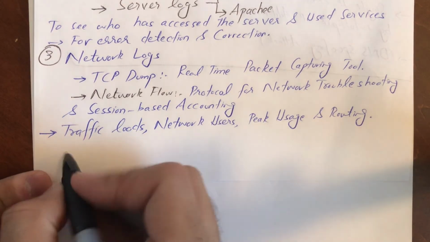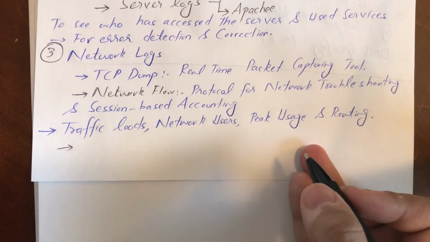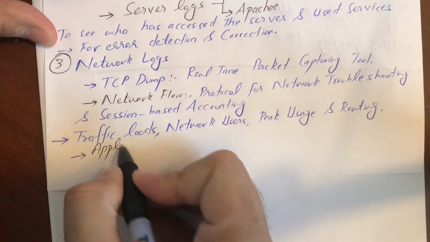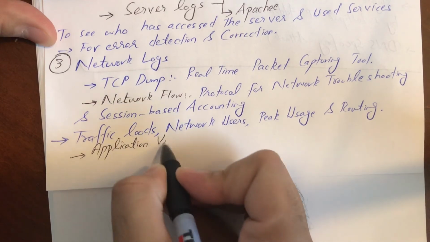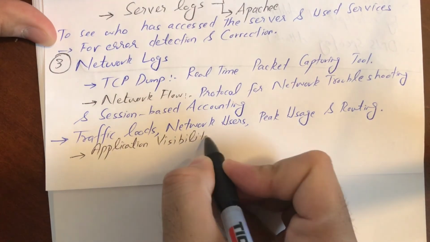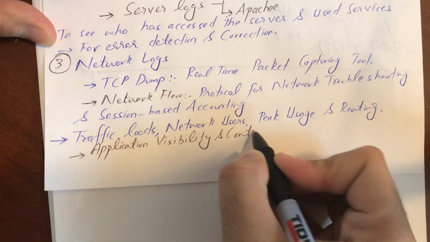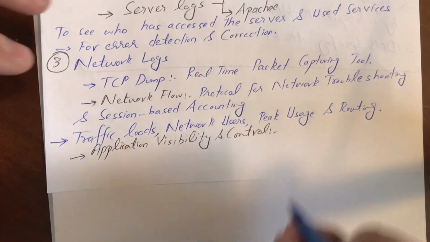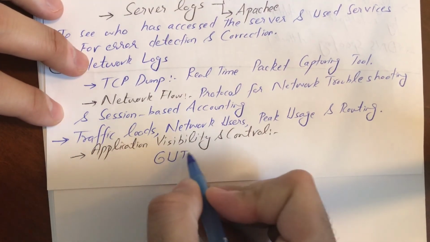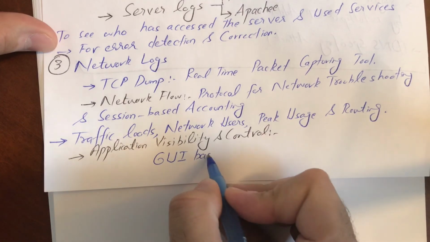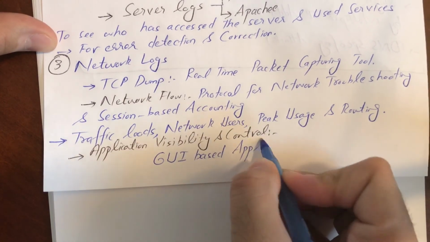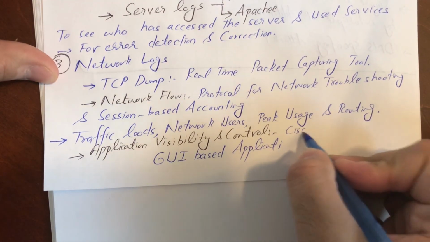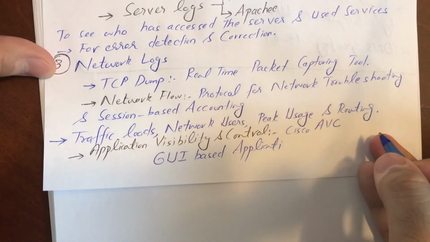Another tool that we use to capture the network log is called application visibility and control, AVC. It's the Cisco device through which we can actually have GUI based application monitoring. It's Cisco AVC, application visibility and control.